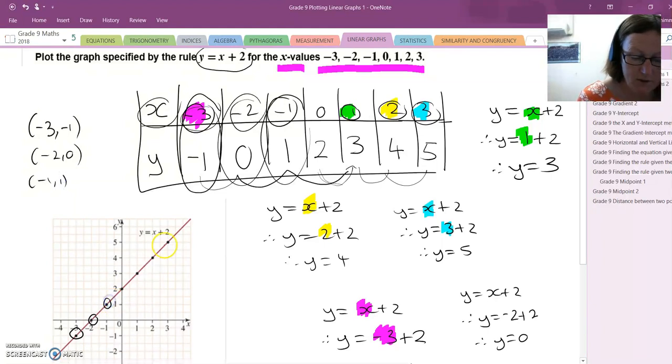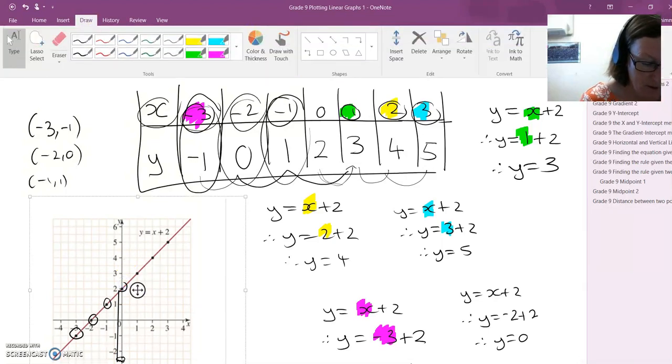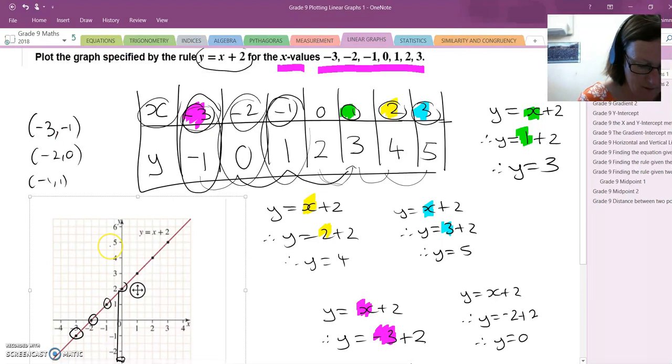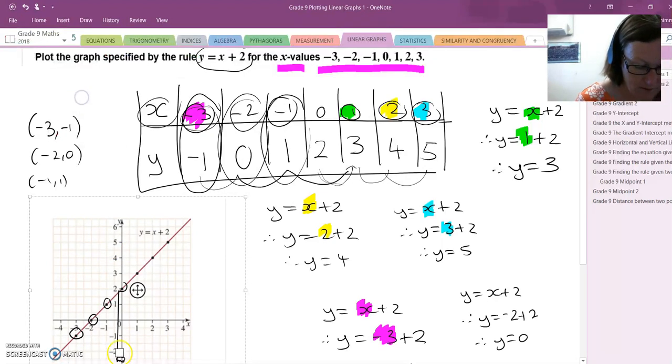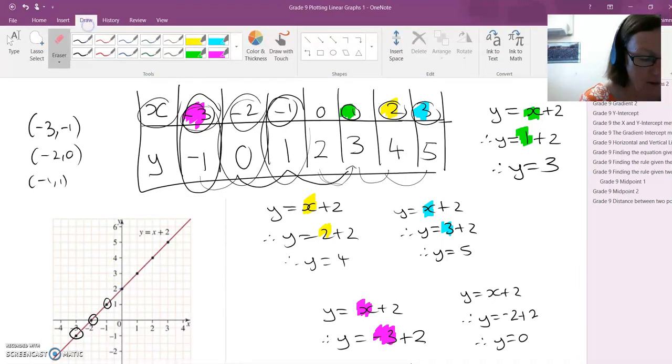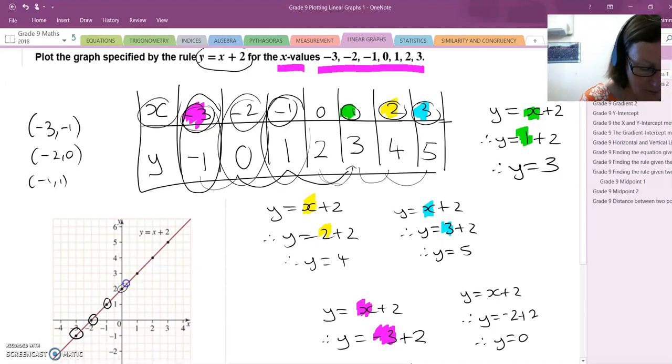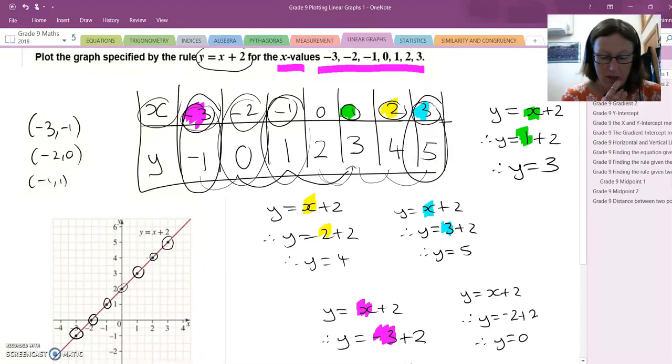There, that's plotted. Each of the points there have been plotted onto our graph. So in this case, this point here is the point 3, 5. So yeah, plot those all and then join them with a straight line.